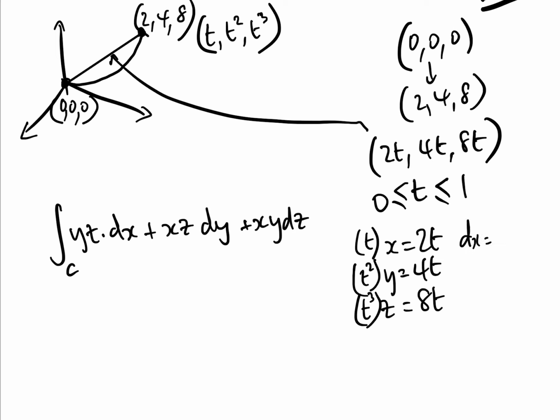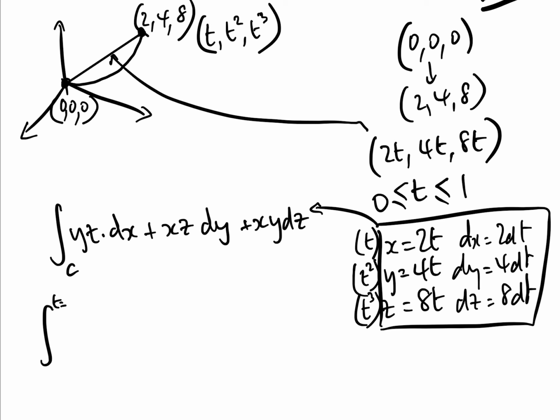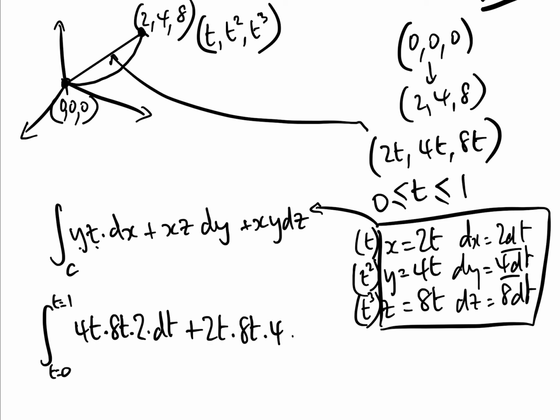And so therefore we have dx equals 2 dt, dy equals 4 dt, and dz equals 8 dt. So we can now plug all of this in, and that gives us the integral from t equals 0 to 1 of yz, which is 4t times 8t times dx, which is 2 dt, add xz, which is 2t times 8t times dy, which is 4 dt, add xy, which is 2t times 4t times dz, which is 8 dt.